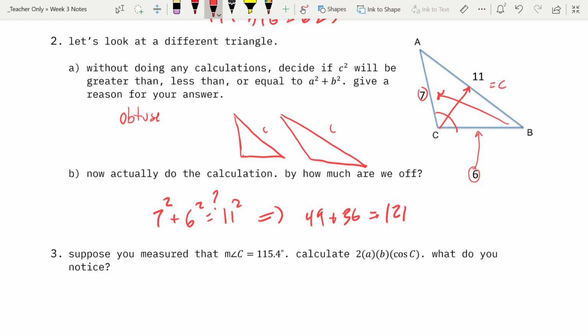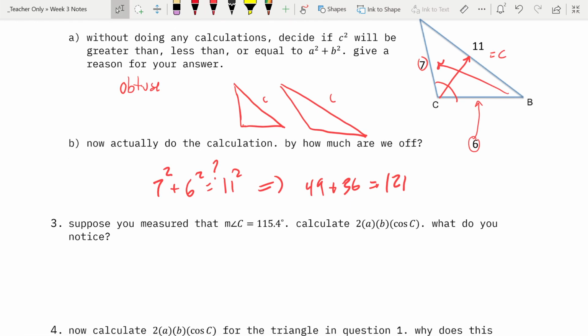So we're actually off by, let's see, what would that be? 36. So we missed by 36 units, whatever that is. So clearly our Pythagorean theorem is not going to work out for us there.